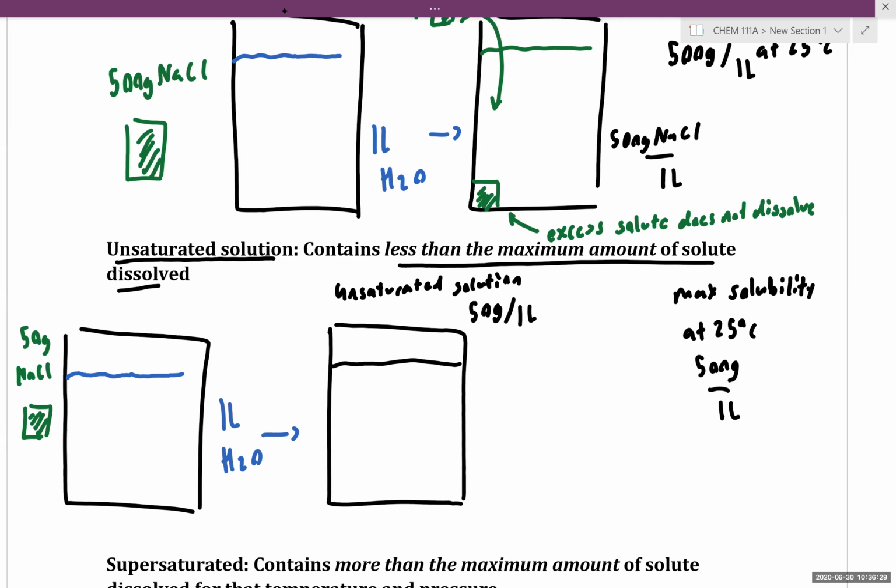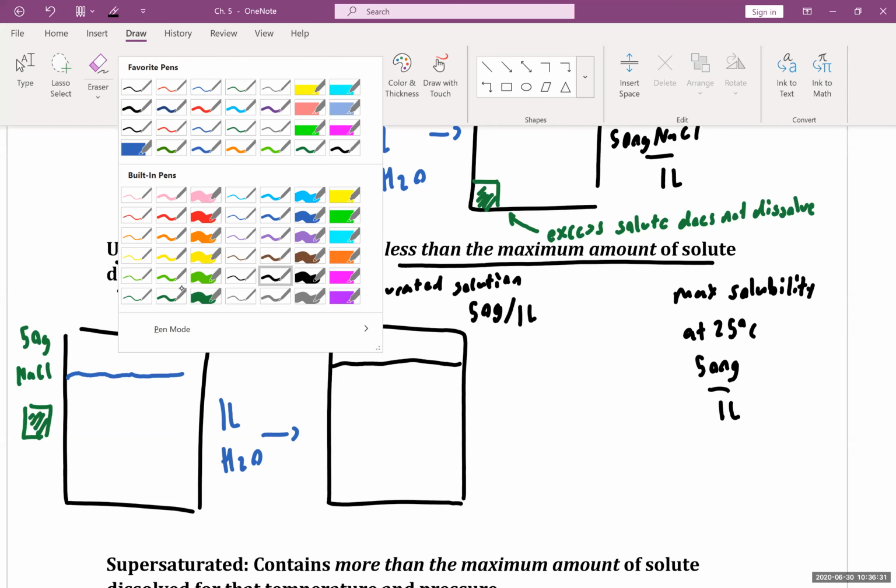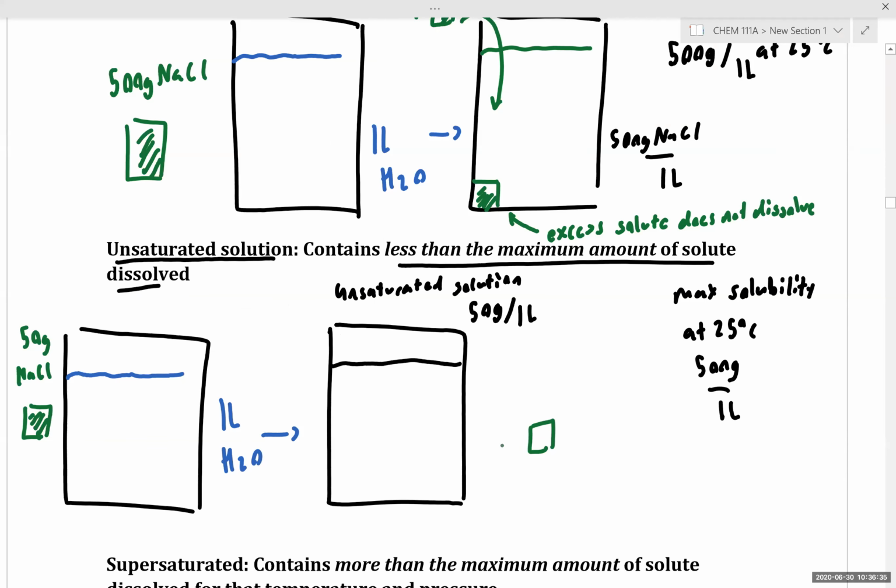Now, the main way you can tell that you have an unsaturated solution is that, let's suppose we want to add an additional 50 grams of sodium chloride.